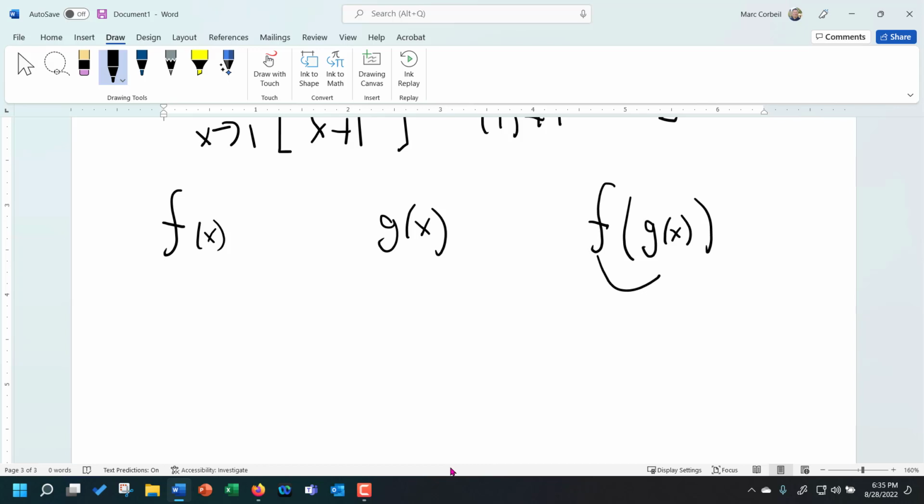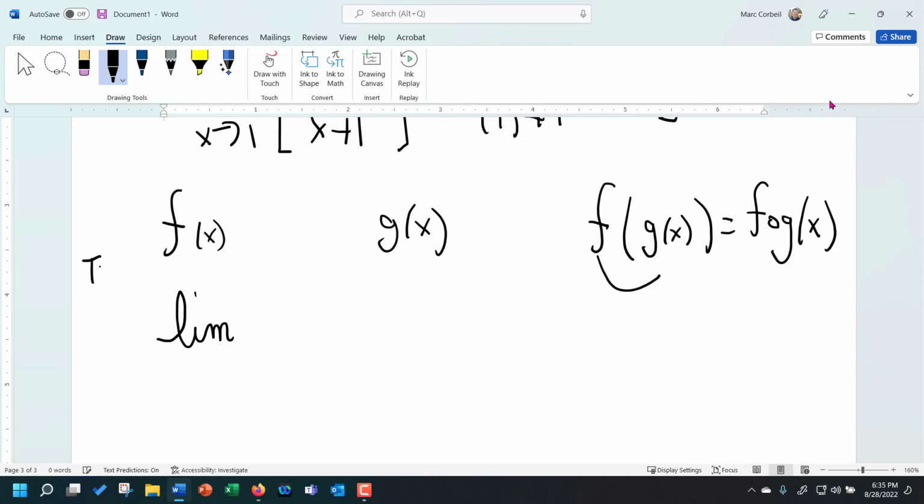What am I going to do with that? Another way of writing that, of course, is f composite g of x with a little circle in the middle. Be careful about that notation. So what do I do with that as a limit?